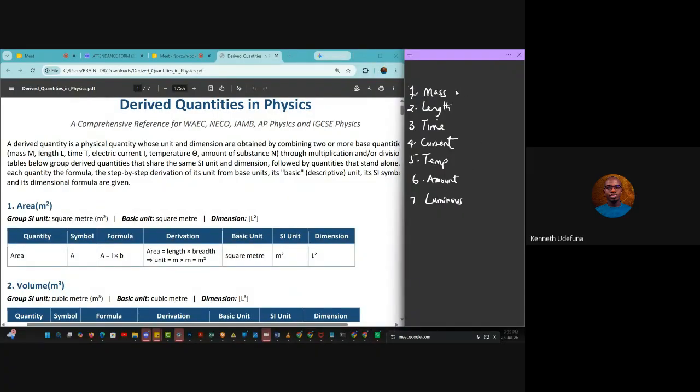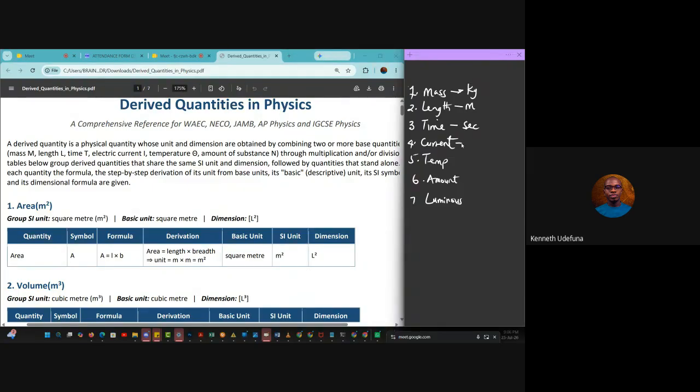Then for these fundamental quantities, in the last video, we mentioned their units. This unit is what we normally use to identify them. This one is kilogram. This is meter. This is second, which can be written as sec or as s, but basically we always write it as s.